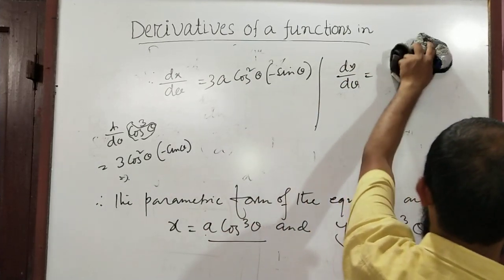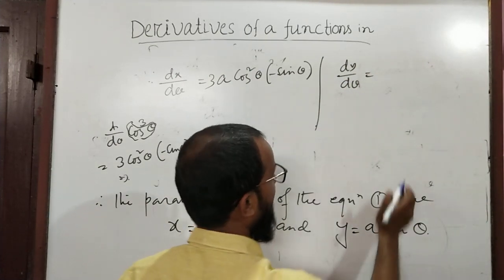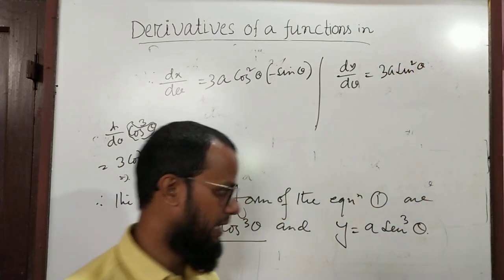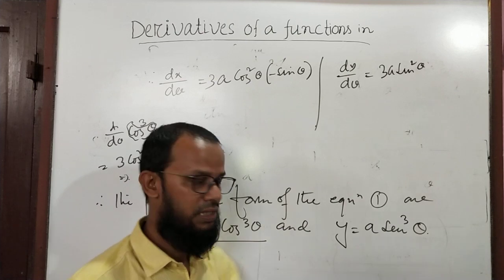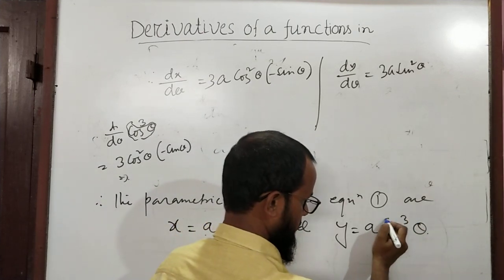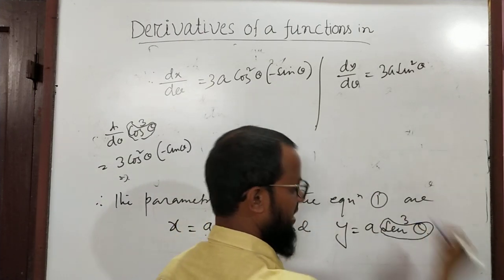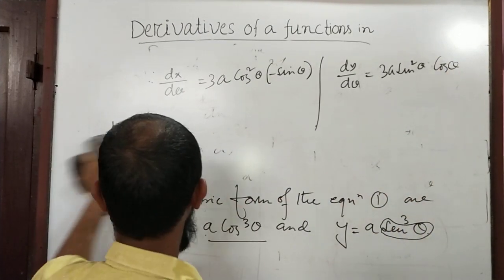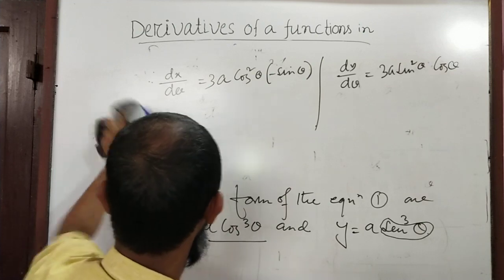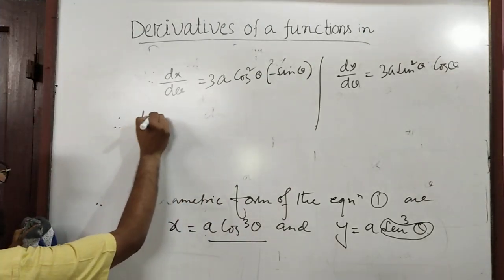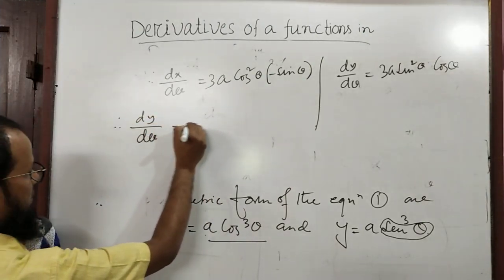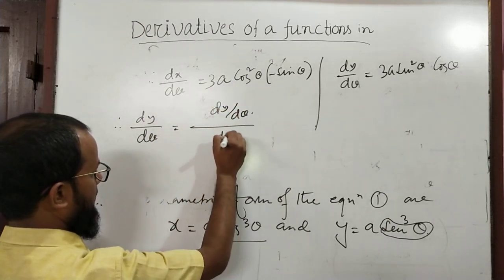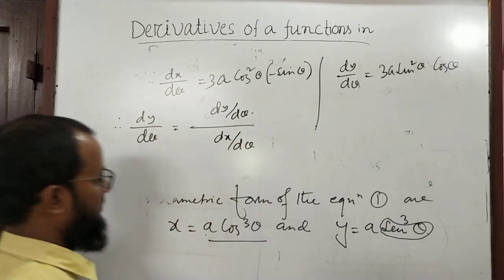And dy by d theta. What is dy by d theta? Again, same process: 3a sin square theta, and then the derivative of sin theta, which is cos theta. So use the formula of the parametric function. Therefore dy by dx equals dy by d theta divided by dx by d theta.